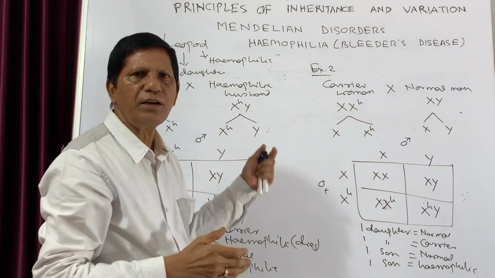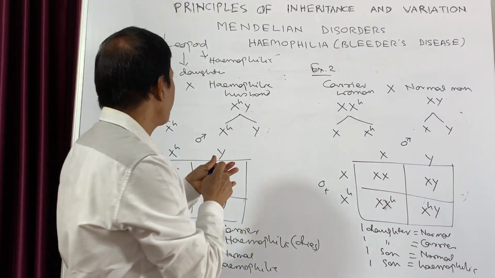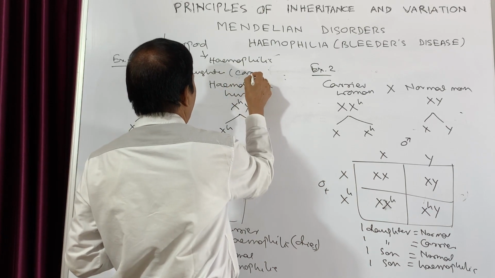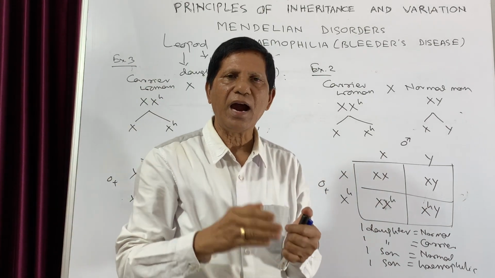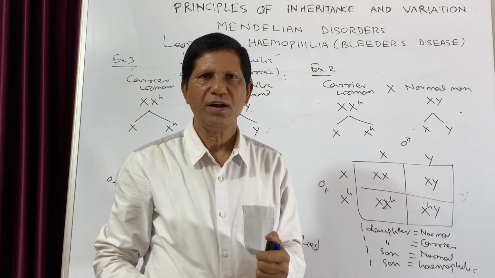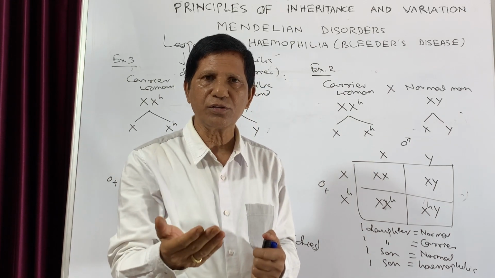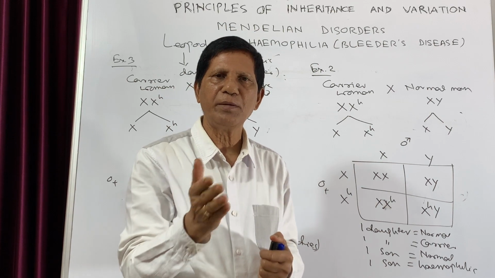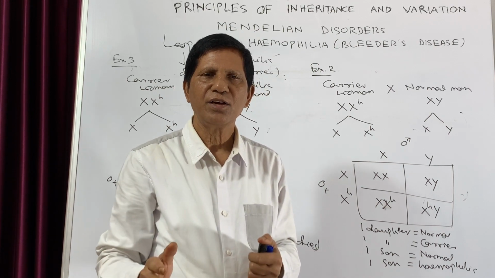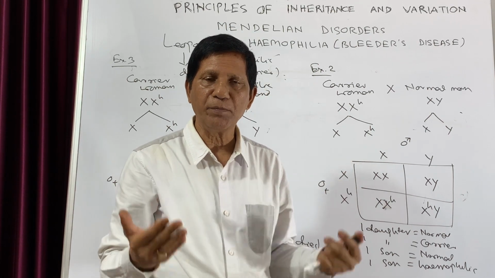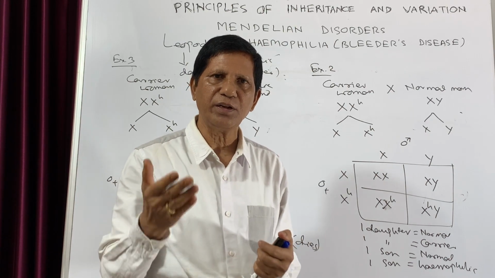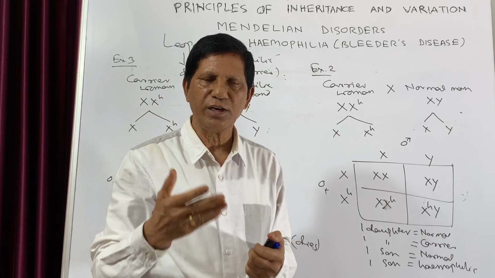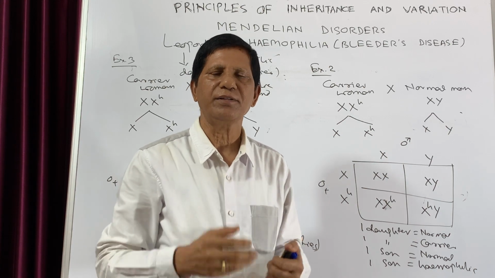So naturally the daughter was a carrier. Now in addition to Leopold, Victoria had also two daughters, and those two daughters married into the royal families of Spain and Russia. So at present this hemophilic disease or bleeder's disease is also found in the Russian royal family, in Spain, and also in England.